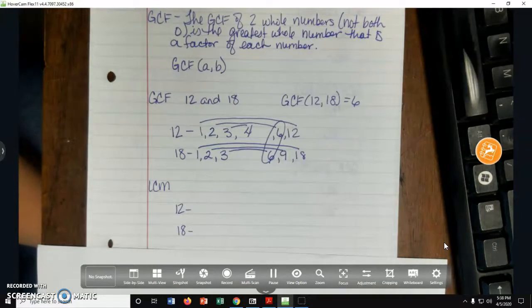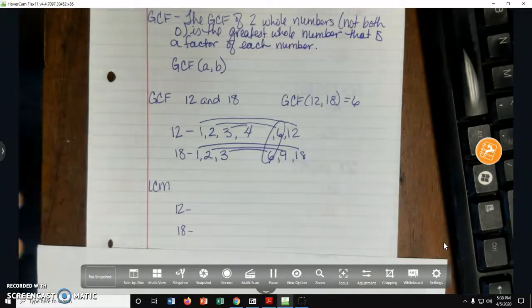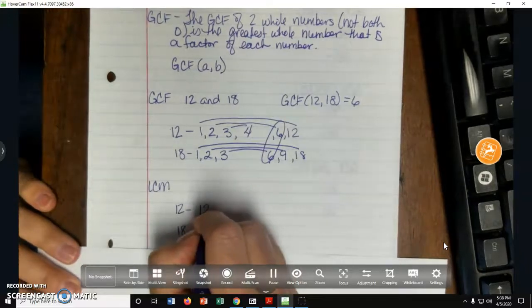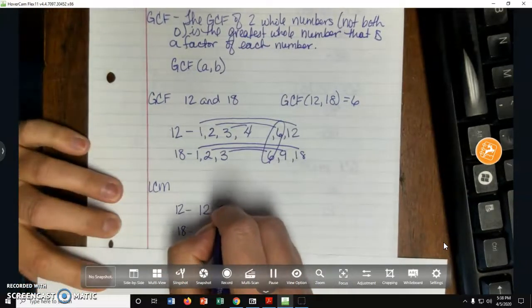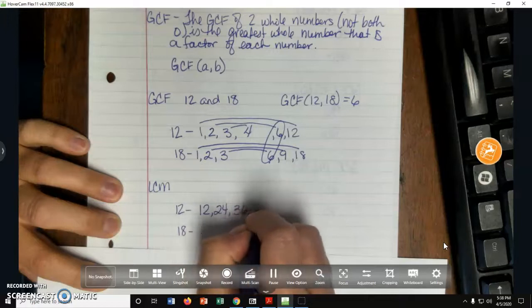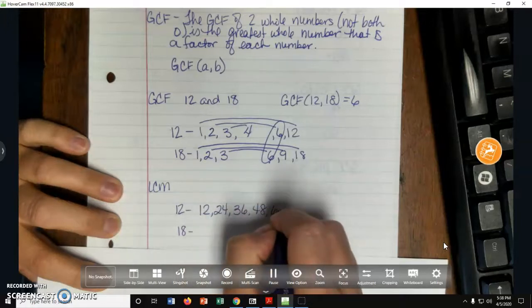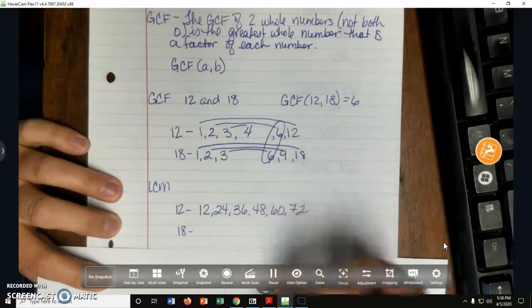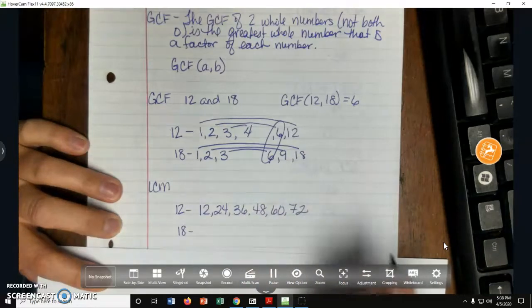All right, so then to change it up, we're going to find the least common multiple of 12 and 18. Okay, remember, a multiple is if I'm counting by that number. Okay, so starting with 12, my next multiple is 24, 36, 48, 60, 72. Okay, we can go on and on.